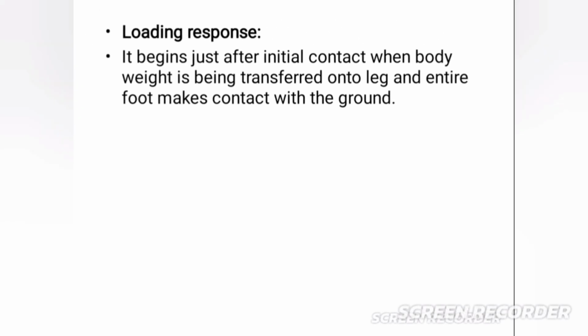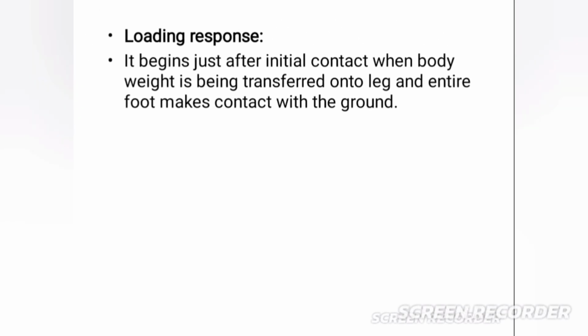Second phase is the loading response. So what do you mean by the loading response? It begins just after the initial contact, when the body weight is being transferred onto the leg and the entire foot makes contact with the ground.